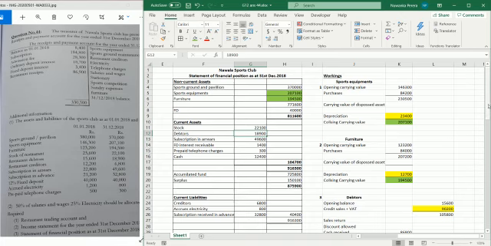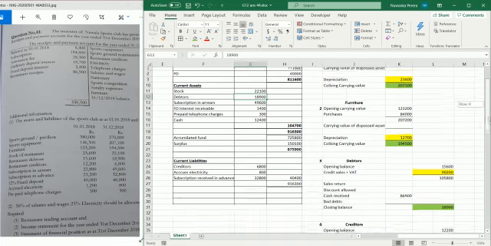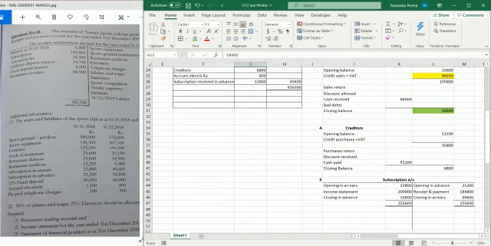And then let's move on to the next working, creditors. Once again, I'll do this for you all. Okay, the opening balance is given. You don't know the value of credit purchases, that's what you have to calculate.